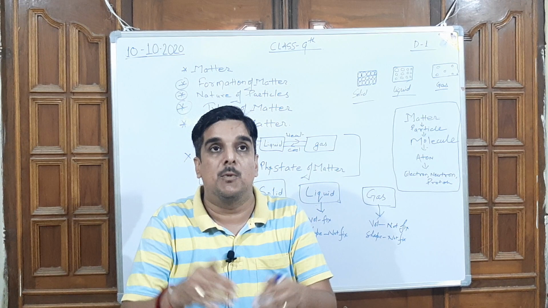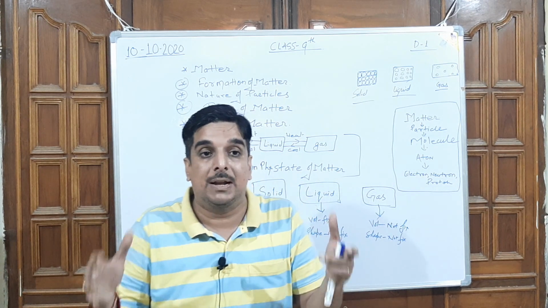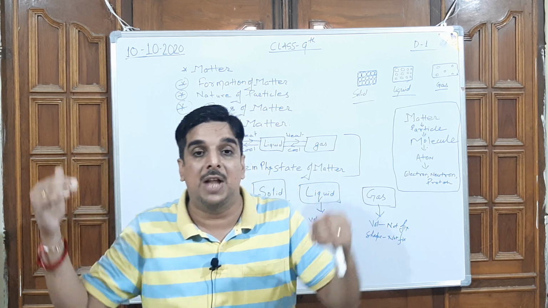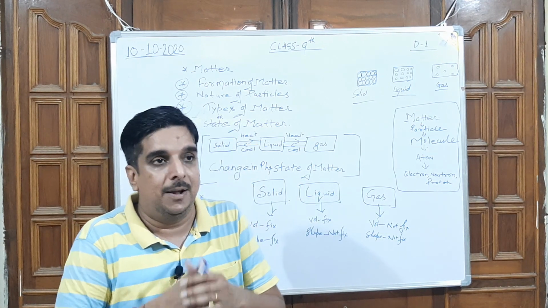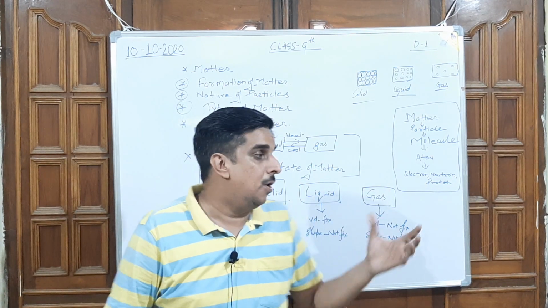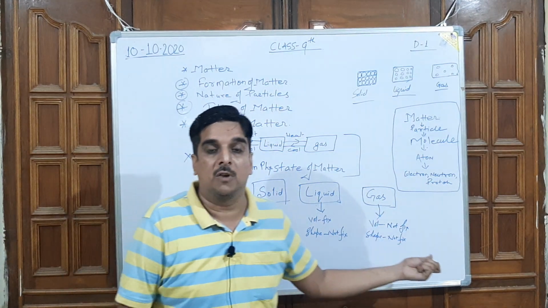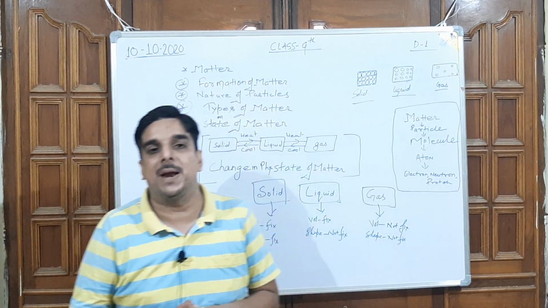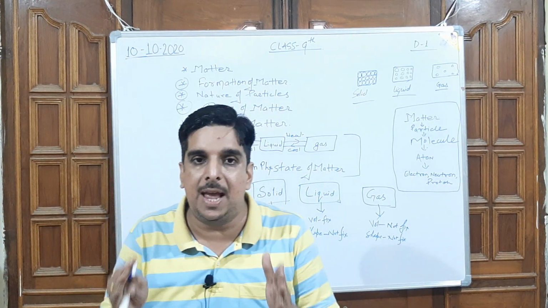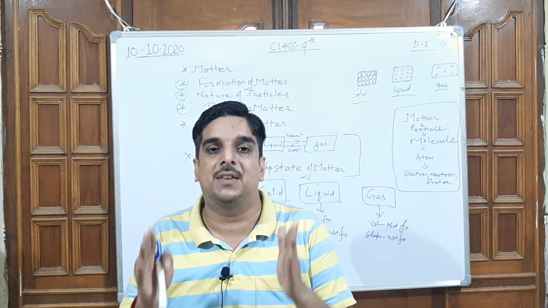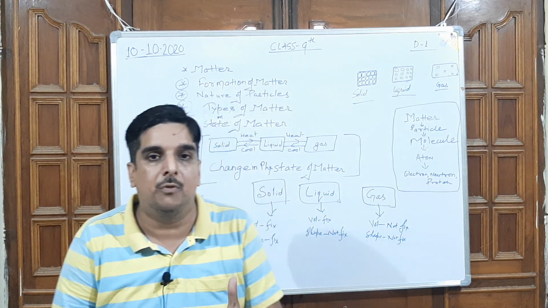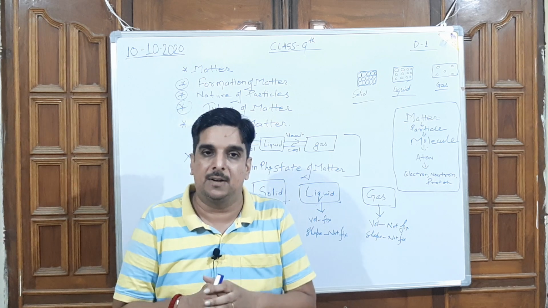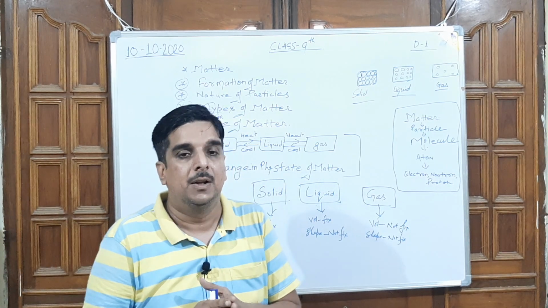So at atmospheric condition, we cannot consider the volume fixed, because it will start mixing into the atmospheric air and spread out. So for gas, volume is not fixed and shape is not fixed. On the basis of shape and volume, we can explain the physical states of matter: solid, liquid and gas. These are the three major states of matter you have to keep in your mind.